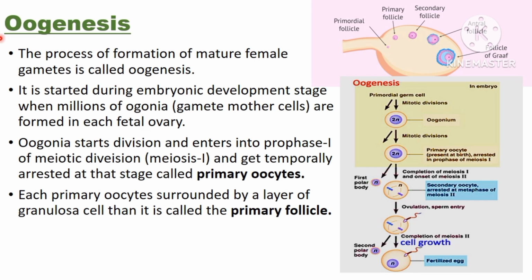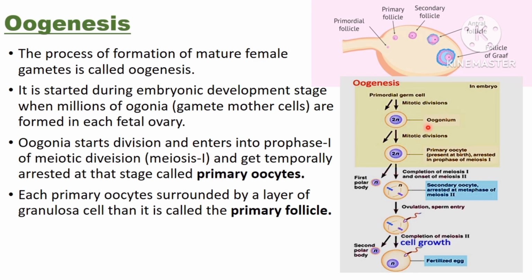The process of formation of mature female gametes is called oogenesis. It starts during the embryonic development stage, when millions of oogonia are formed in each fetal ovary. Oogonia start division and enter prophase 1 of meiotic division 1. These are female germ cells.